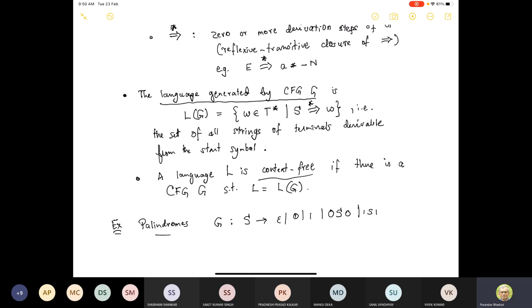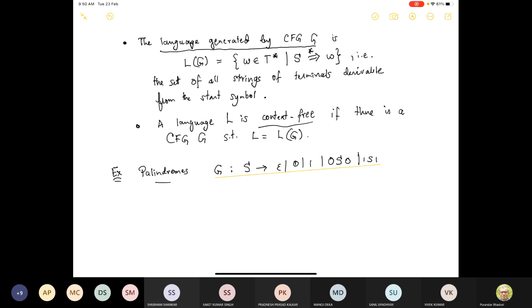So that is the grammar. And the claim is L of G is indeed the language of palindromes.